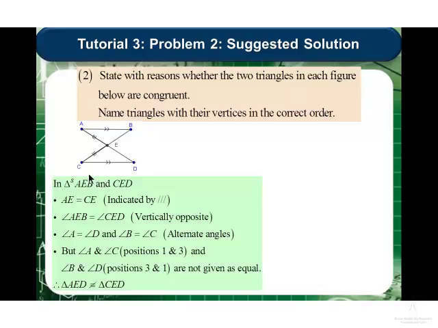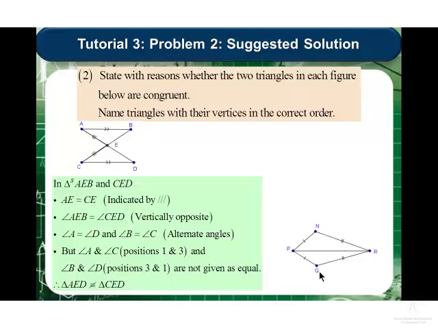And furthermore, we also know that angle B is not necessarily equal to angle D. This is position 3. So corresponding positions must represent the same angle if these were to be congruent triangles. So in that case, we can say that the two triangles are not necessarily congruent.